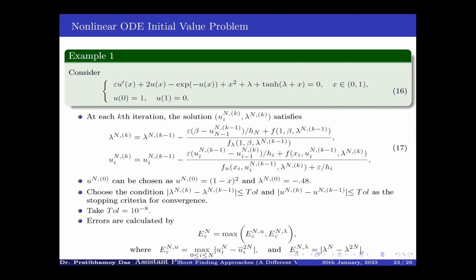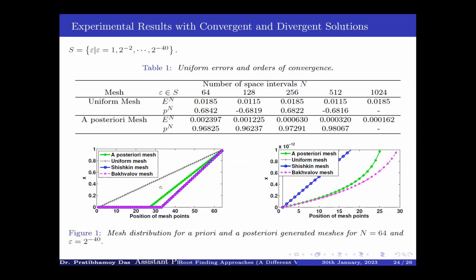Shishkin has proposed one mesh, that is a piecewise uniform mesh. Throughout the domain, it is having only two pieces, two uniform meshes. So that is called Shishkin mesh that he has proposed. And those meshes are very popular in boundary layer theory and similar parts of analysis. So, this one is having a Shishkin mesh. You see that blue color line, which is matching the pink color line.